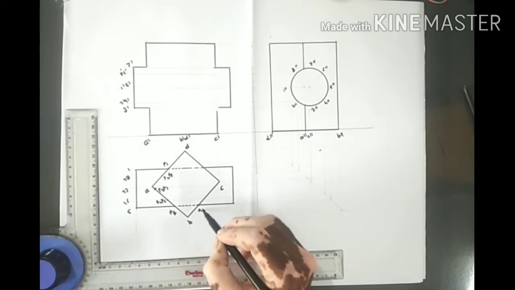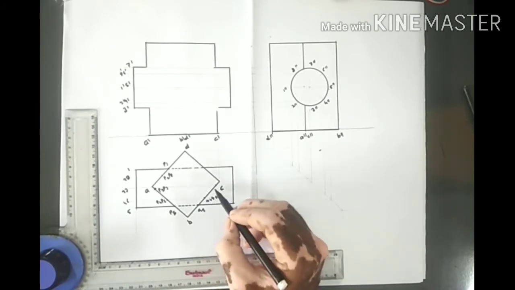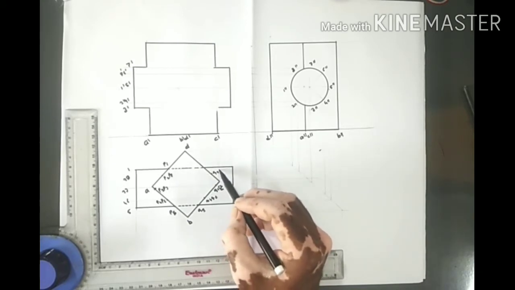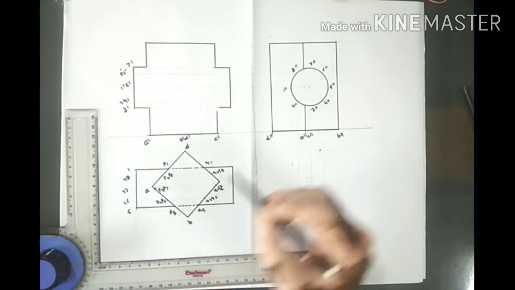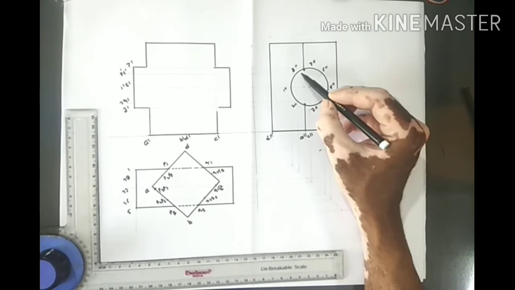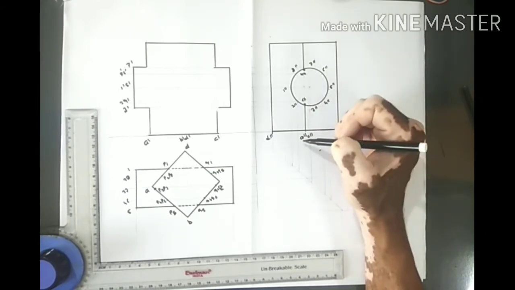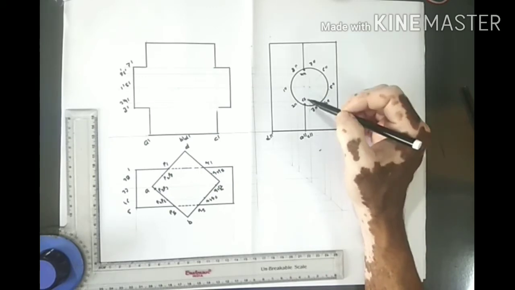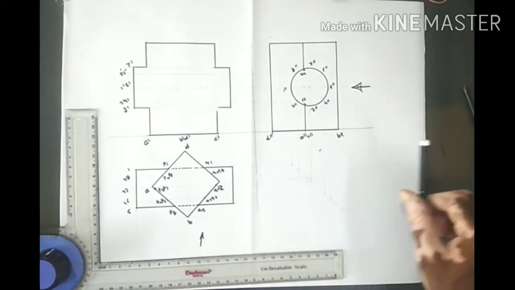So this Q5, this Q4, Q6, this Q3, Q7, this Q2, Q8 and last one Q1. Apart from this, intersection is here also. So make it M, N and R as M for A, N for C, R for A, S for C. Now you are seeing from this side and this side.